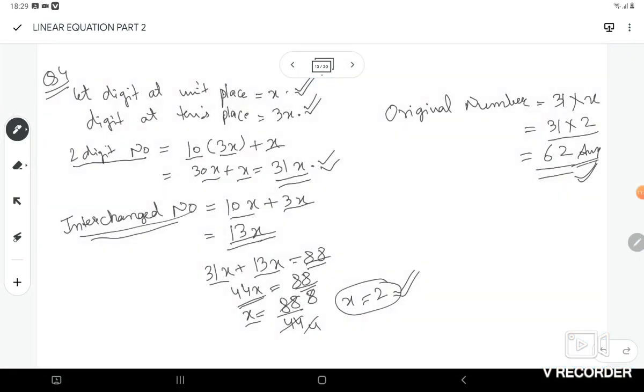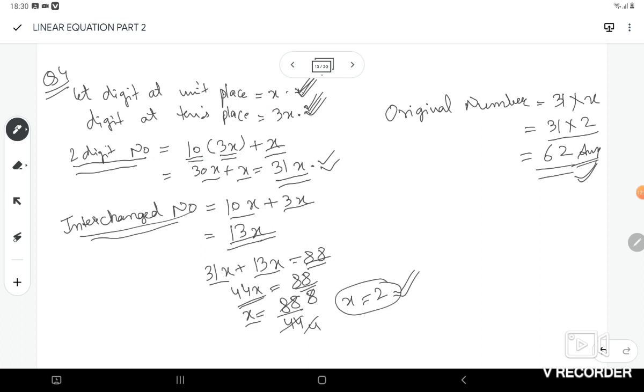Now moving on to the next problem, which says one of the two digits of a 2-digit number is 3 times the other digit. So let the digit at the unit place be equal to x. The digit at the tens place would be 3x. So the original 2-digit number would be 10 times the digit at the tens place plus the digit at the ones place.